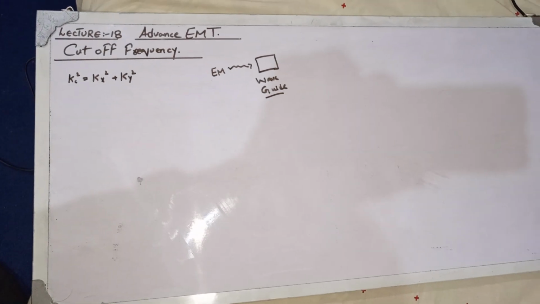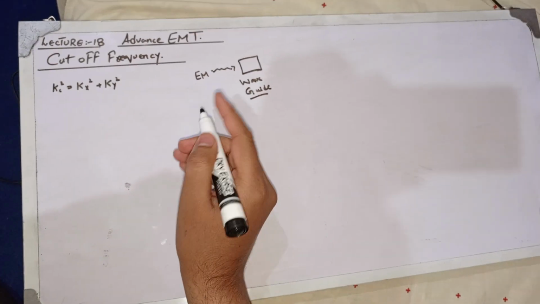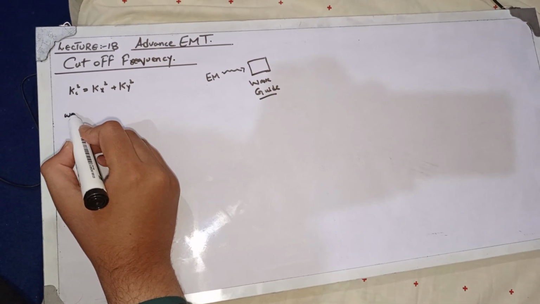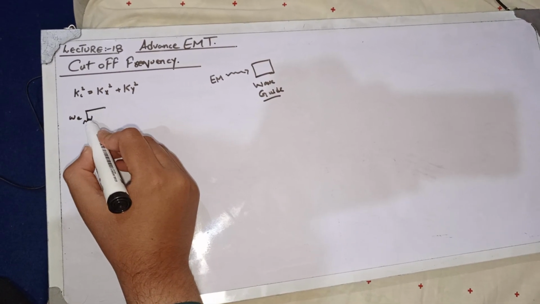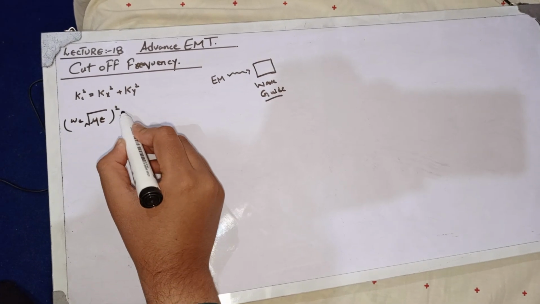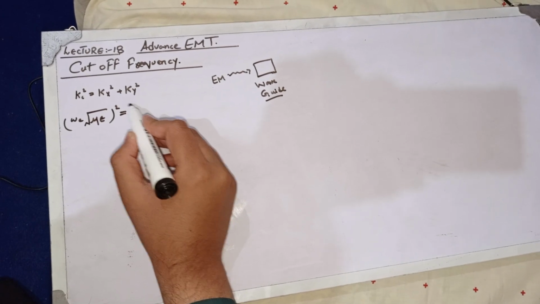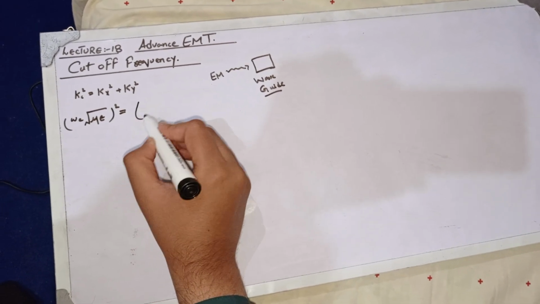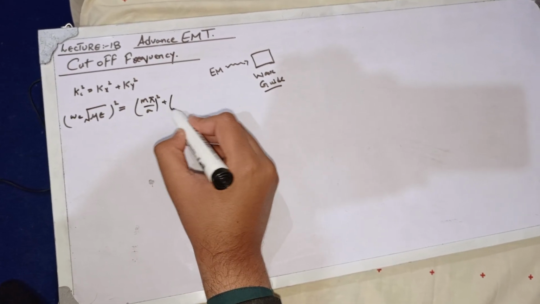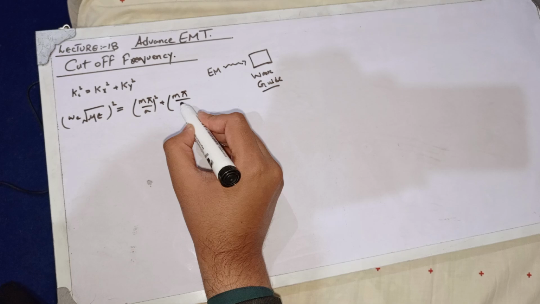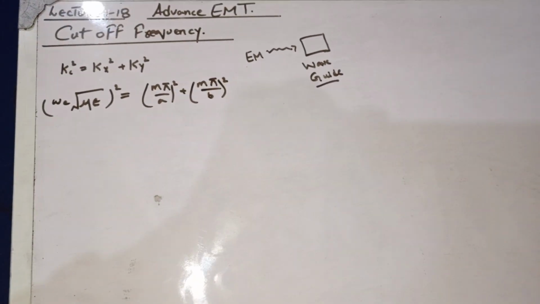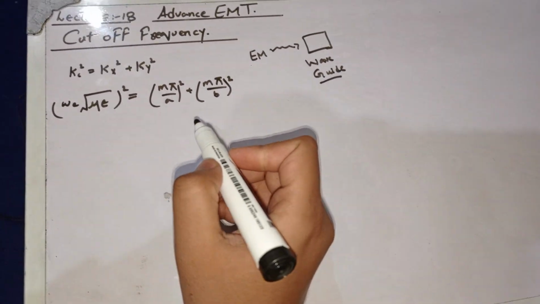This we derived in our previous video, you can watch. And you know that kc equals omega c under root mu epsilon. Its square equals kx square, where kx square has (m pi by a) square plus (n pi by b) square. You already know this concept.